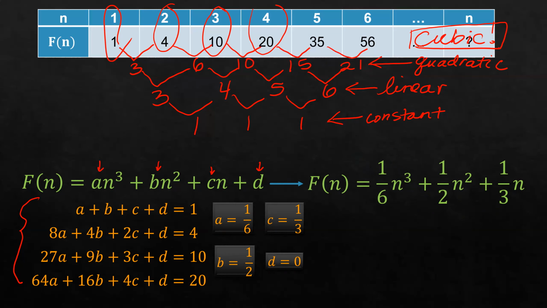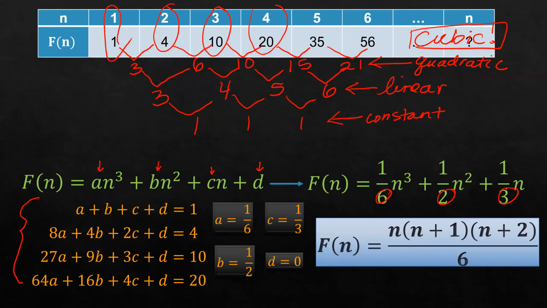Now, if we clean that up and get a common denominator of 6 and then factor it out, f of n is this nice looking function: n times n plus 1 times n plus 2 all over 6. And that is how finite differences work.